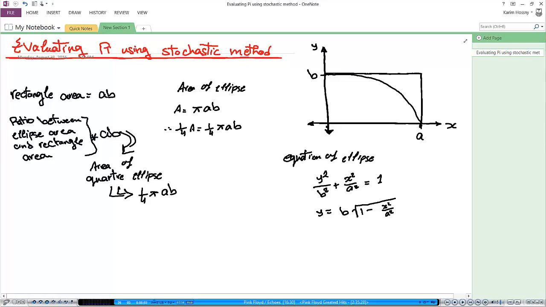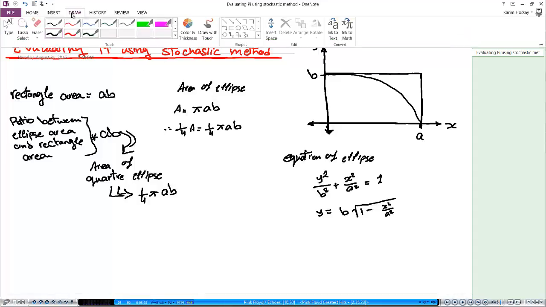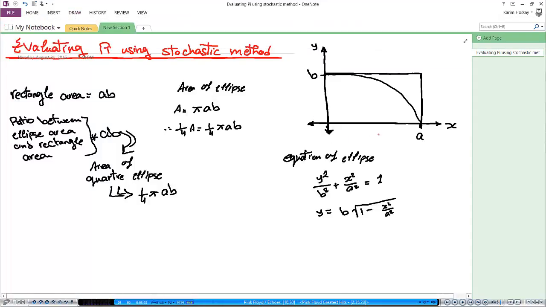Okay, then how to get the ratio between the quarter ellipse area and the rectangle? Measure the number of darts thrown randomly onto this diagram. Let's see, darts here, here, here, here, here. All of the darts are randomly falling on this diagram.